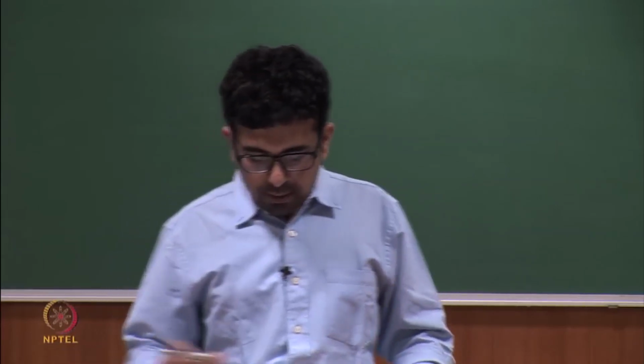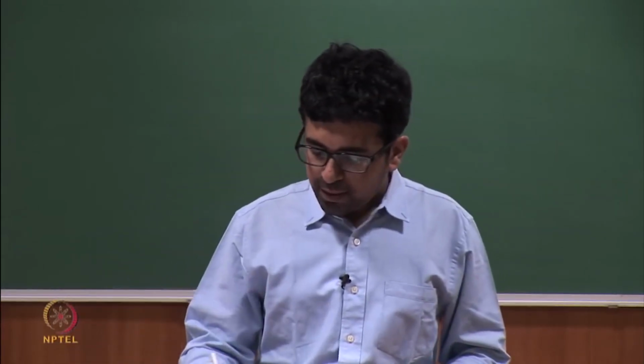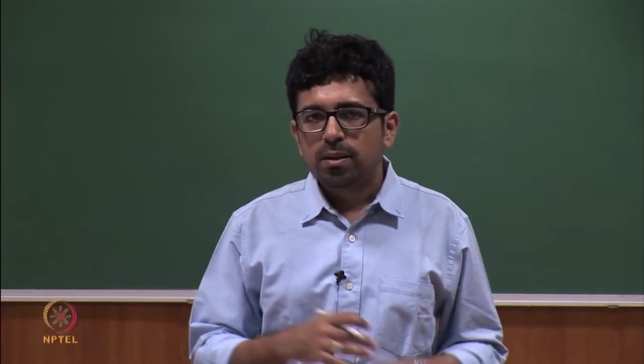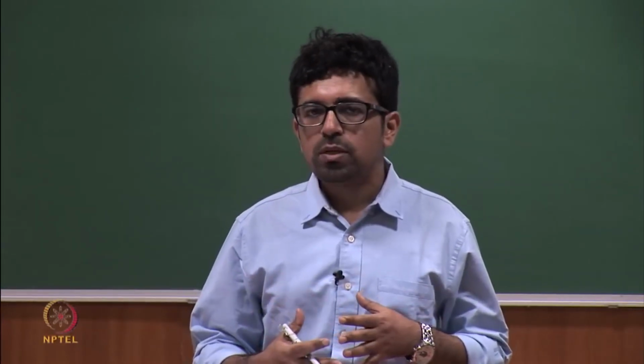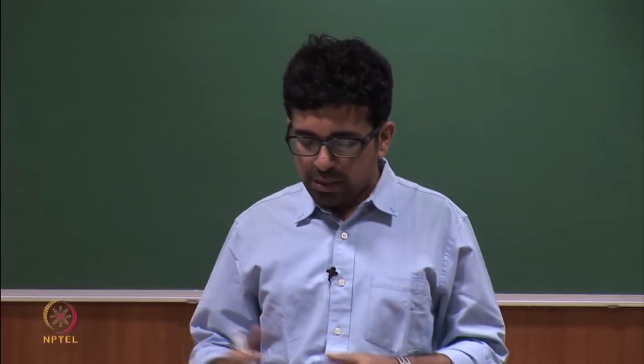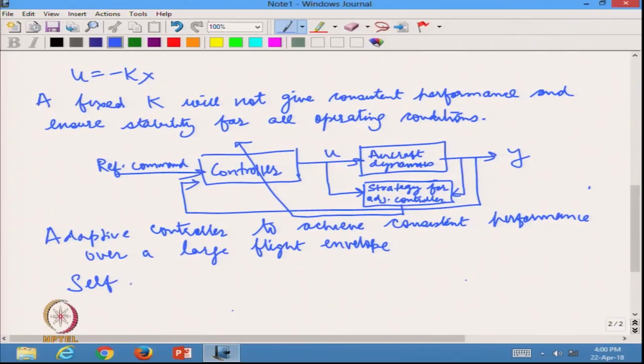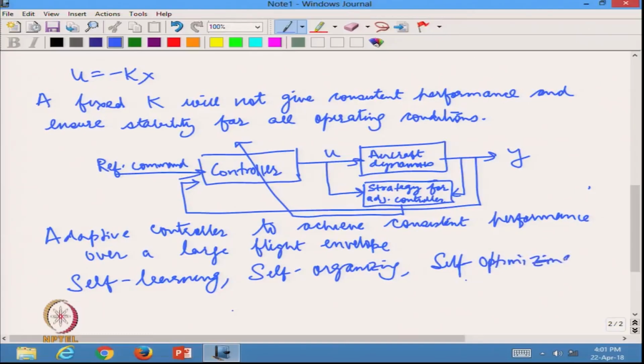Okay. So, this was way back in the 1950s, and at that time there were various terms introduced to denote these controllers, and people used terms like self learning, self organizing, self optimizing, adaptive controllers.